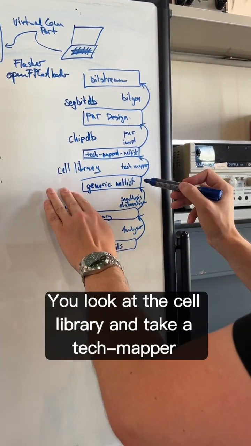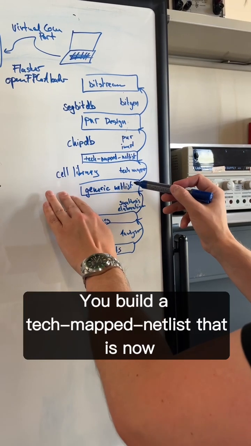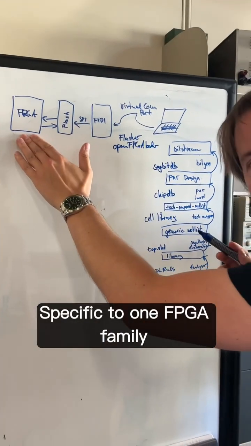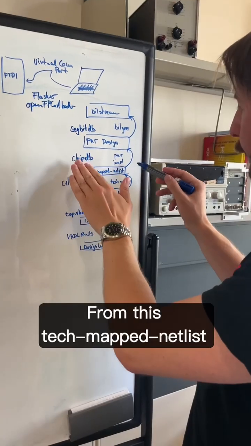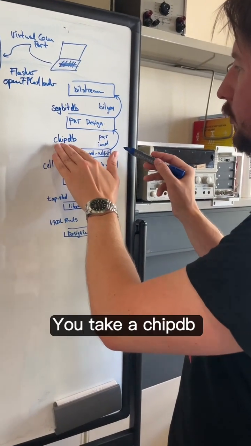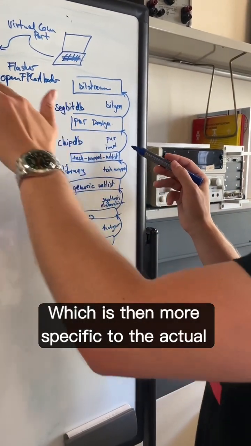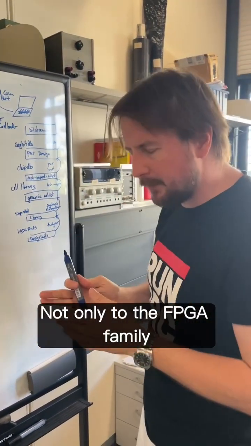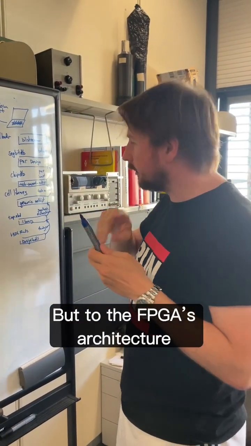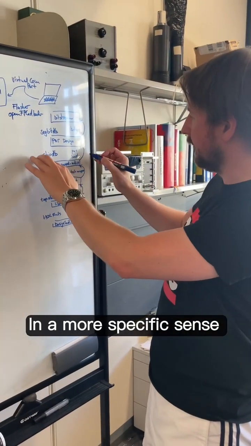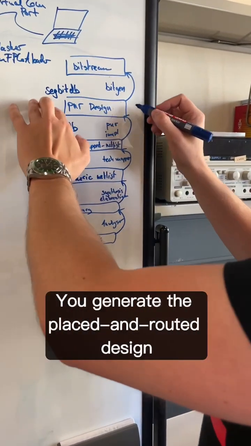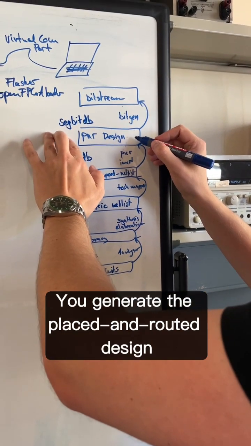You look at the cell library and take a tech mapper. You build a tech map netlist that is now specific to one FPGA family. From this tech map netlist, you take a chip DB, which is more specific, not only to the FPGA family, but to the FPGA's architecture in a more specific sense. You take a place and route or implementation algorithm, and you generate the placed and routed design.